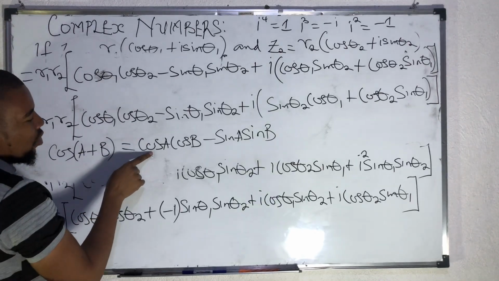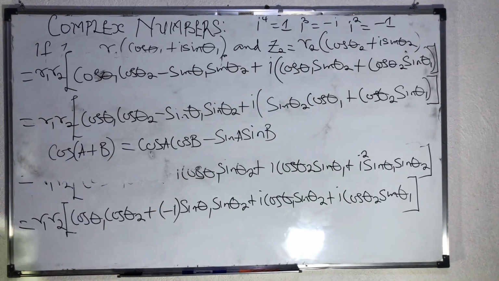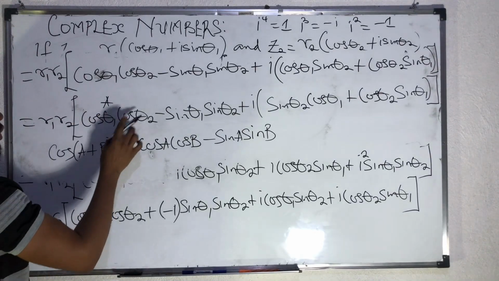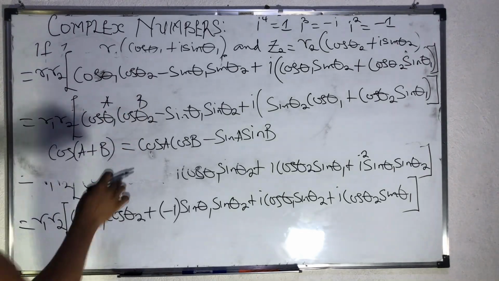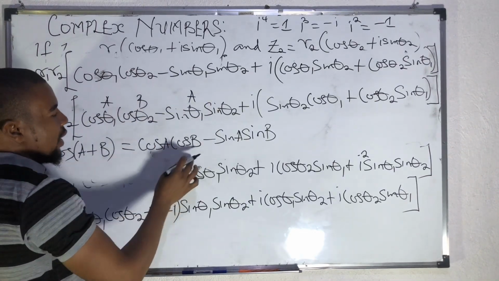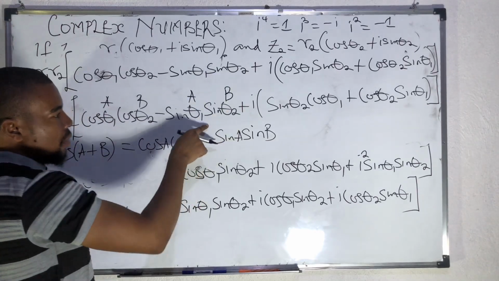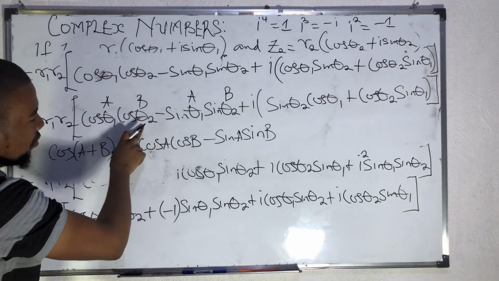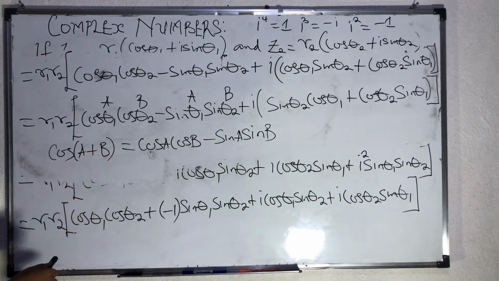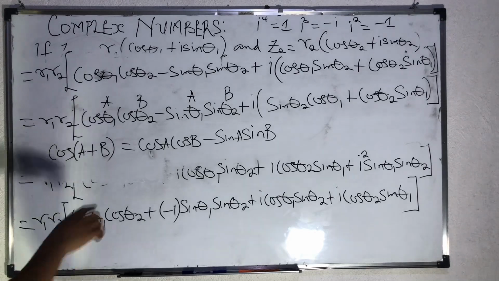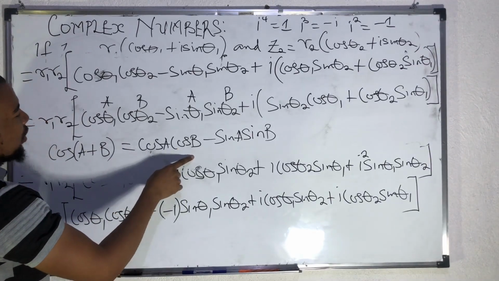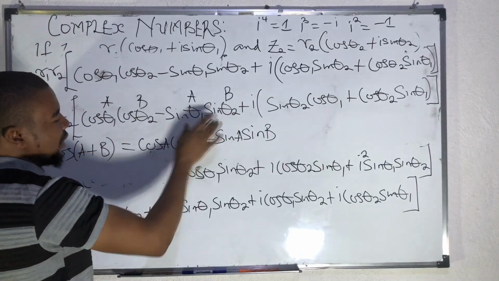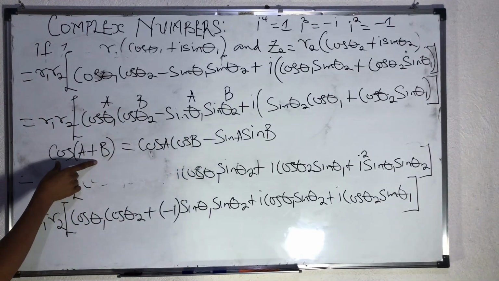Here, we have cos A times cos B. If we take our theta 1 to be A and our theta 2 to be B, then here we also take our sine theta 1 to be A and our sine theta 2 to be B. We can now see that there is a similarity between these two. Cos A cos B, cos theta 1 cos theta 2 minus everything here is equal to this.